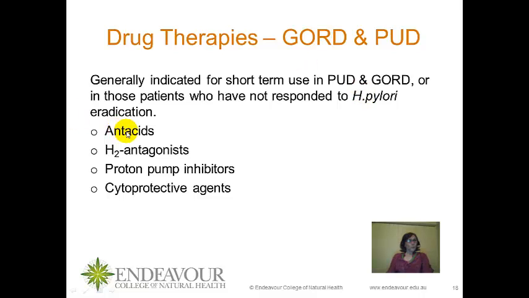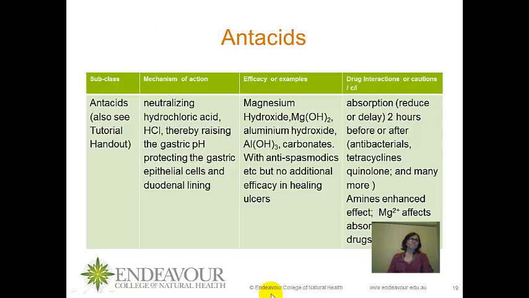Now they will use antacids, but generally you shouldn't be taking them for any longer than 8 weeks, and if something hadn't resolved by that stage, to seek medical help again. So here we would be looking at a couple of therapies that will help reduce the hyperacidity, H2 antagonists and the proton pump inhibitors, and then we'll look at various cytoprotective agents that will help the healing of the ulcer.